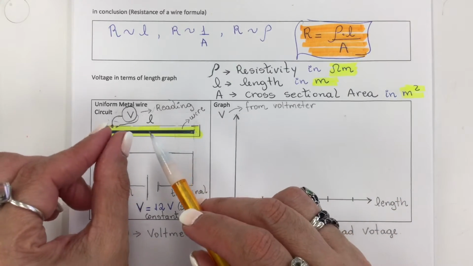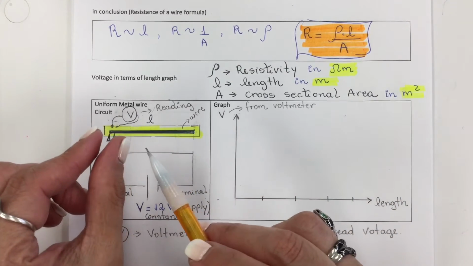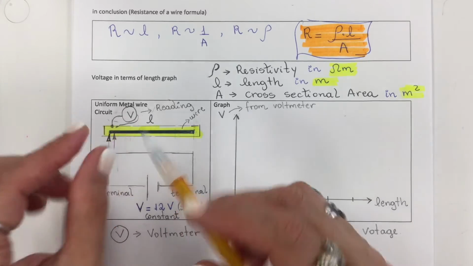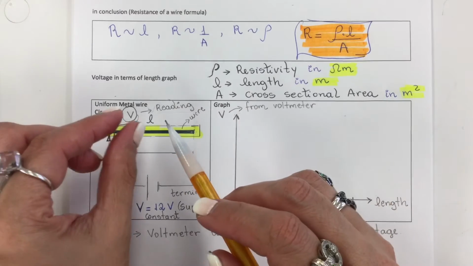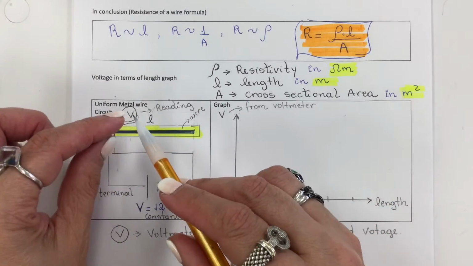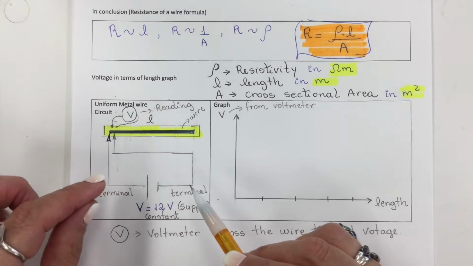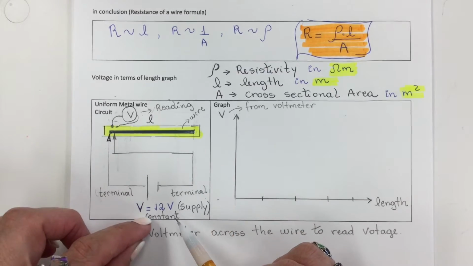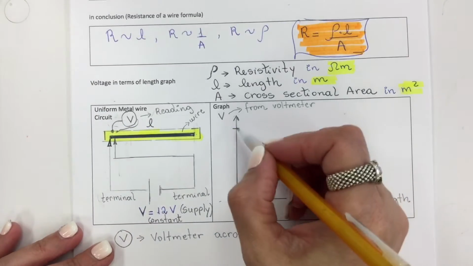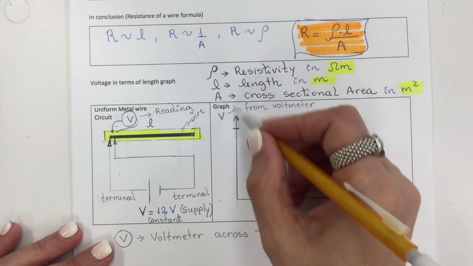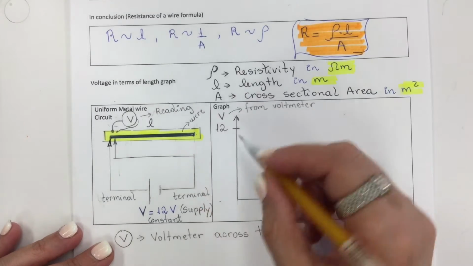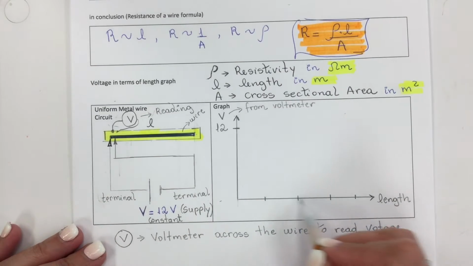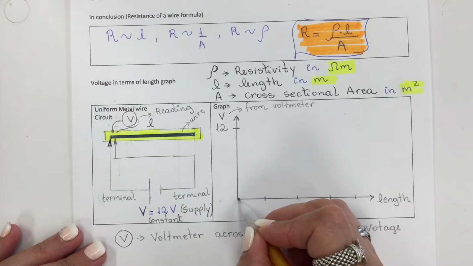If my length is very small, the resistance is also very small and will not consume too much voltage. So my voltage here is going to be reading pretty much the entire value of this battery supply. For this reason, I'm going to mark on the Y portion of this graph 12 volts, and for the length, about 0.